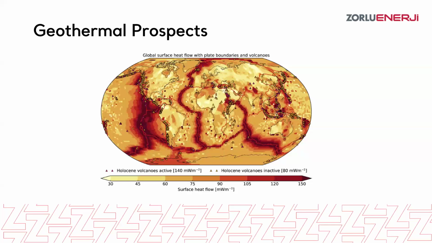And if we are looking for the heat source, as we say that the geothermal fluid will be the transfer path and transfer media of our system, this is the general overview of the heat source in different regions of the world.